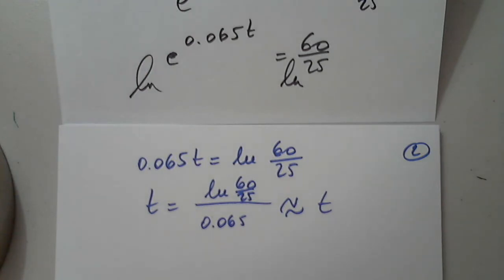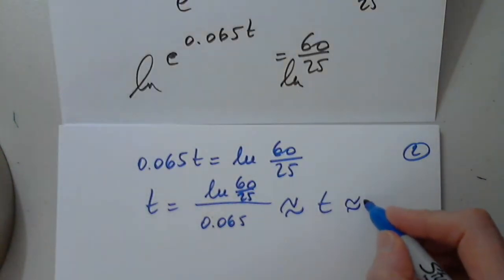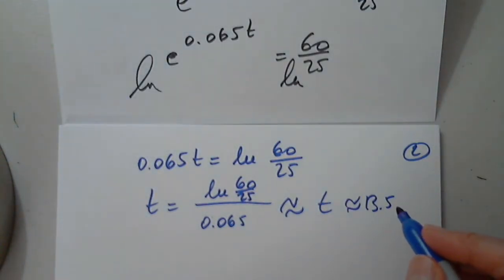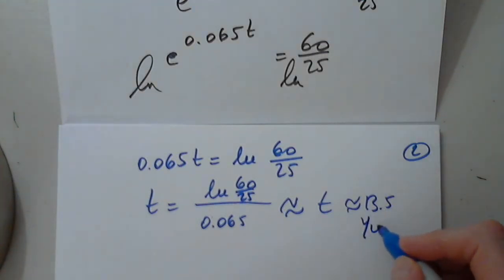Okay, so I'm going to share my screen, and then I have natural log 60 over 25 divided by 0.065, and it appears to be 13.5. 13.5, and how many years?